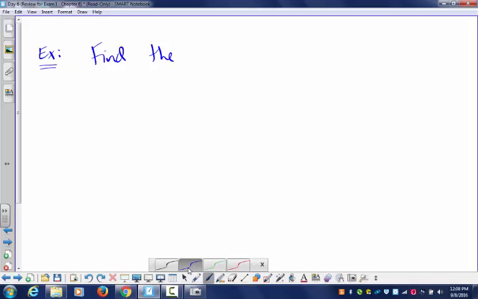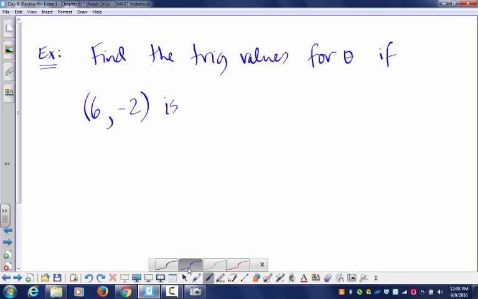Find the trig values for theta if (6, negative 2) is on the terminal ray. Let's do that. Make sure you got that down. Should be pretty quick.